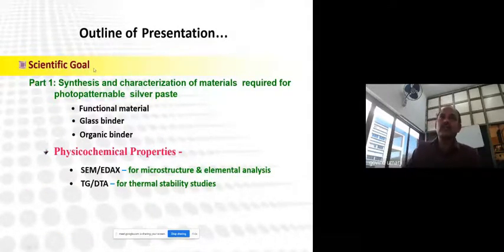In that goal, for any development, we need to optimize certain parameters to make it at a technological level. So we optimize its synthesis and material characterization by various ingredients like functional material, glass binder, organics, then their characterization.